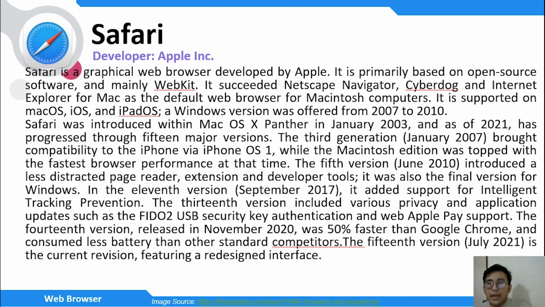Safari was developed by Apple. Even though it is developed by Apple and focused on Apple smartphones or laptops, it could also be downloaded onto other operating systems. Basically, it is primarily based on open source software and mainly uses WebKit, as they say at Apple, and it is used on Macintosh computers, iPhones, iPads, and there was also a Windows version from 2007 to 2010.